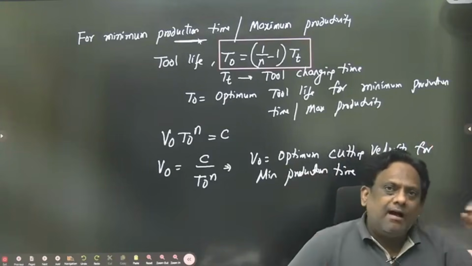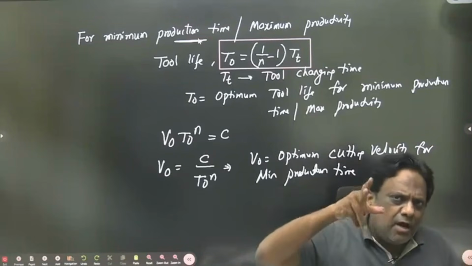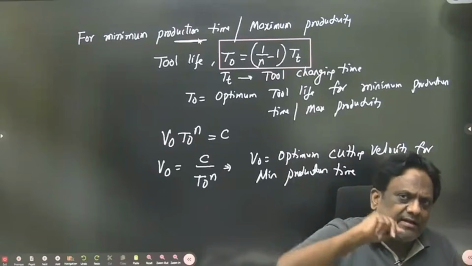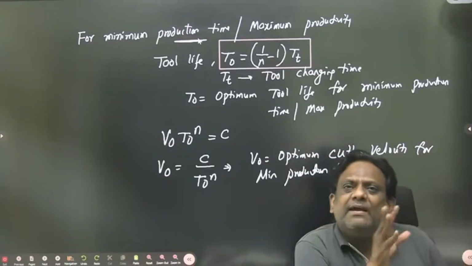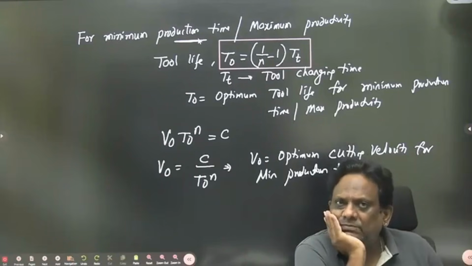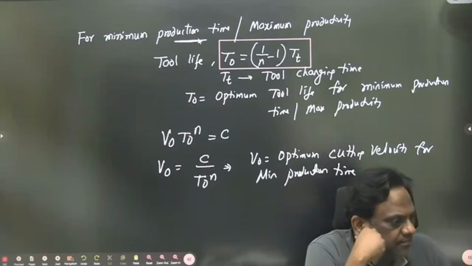Cost. If you are producing in less time, does it mean you are manufacturing at less cost? आप मिनिमम टाइम में कंप्लीट कर रहे हैं, does it assure you minimum cost?